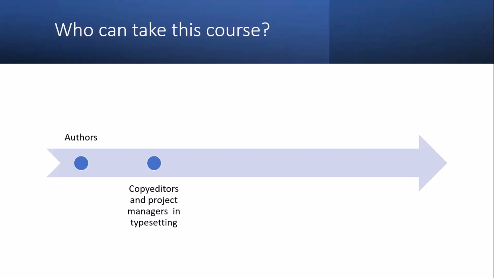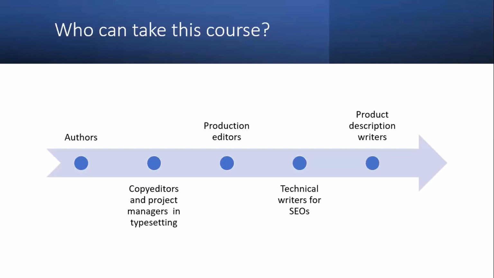It is also for copy editors, project managers in typesetting, production editors, technical writers, SEO specialists, and product description writers. We are not just talking about academic publishing; web developers also need their sites to be accessible, and they use a lot of images. So they need to check the accessibility of their website and insert alt text for their images.